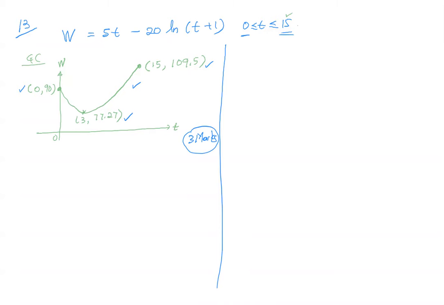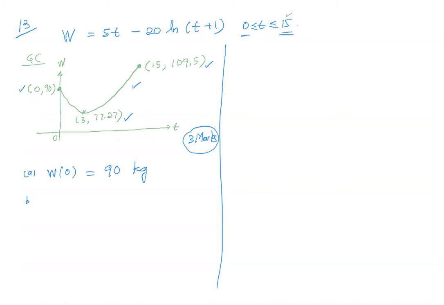Find the weight of the bodybuilder at the start of the program. So we know already, answer for A, I mean W0, so it's 90 kg. Find the minimum weight obtained and how many months it takes to reach that.